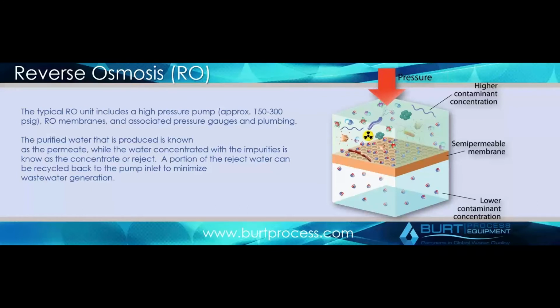So ROs operate at fairly high pressures, and they run from 150 to 300 psi. Designing an RO can be a very simple process or a very complicated process, and that's because it really depends on the flow rate that's involved. Every RO system is going to have some form of a reject. So water that you put into it, you're going to get a permeate out, but you're also going to end up with a reject stream.